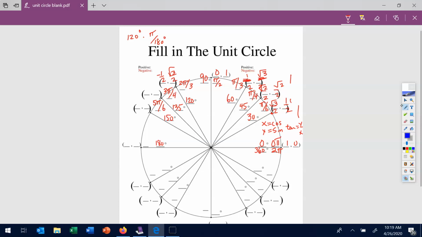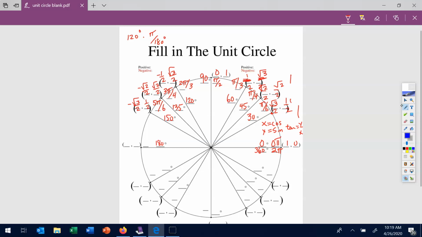For the 135, it's going to be the same as the 45, but again, cosine is negative and sine is positive. Cosine relates to the x-coordinate and sine relates to the y. For this 150 degree, it matches up to the 30 degree, but again, instead of positive root 3 over 2, it's going to be negative, and then sine is still positive. Okay, so you see how that works?